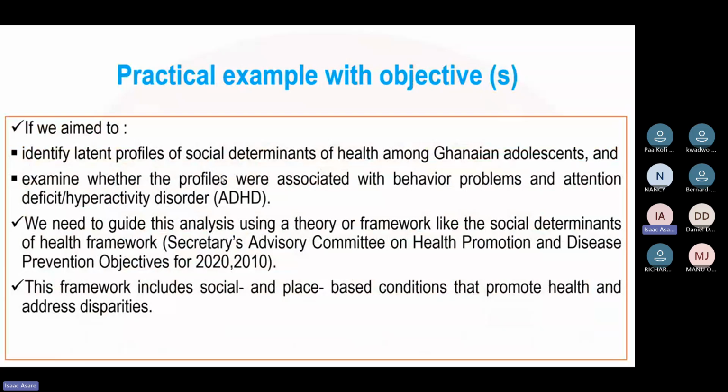So after you've been able to determine the profile, right? Maybe you would like to also examine whether the profiles are associated with other variables. That is, outcome variables. You want to associate this profile with another outcome variable.